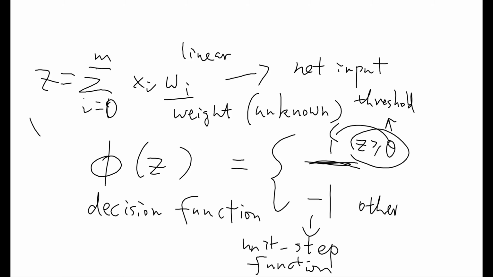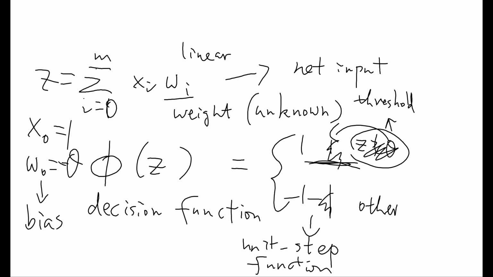But be careful about x0 and w0. w0 is negative theta, which we call the bias, and x0 is always 1; it's not a feature. Then we update the expression to 1 or -1, where z is greater than or equal to 0. But the problem is we don't know the weights.